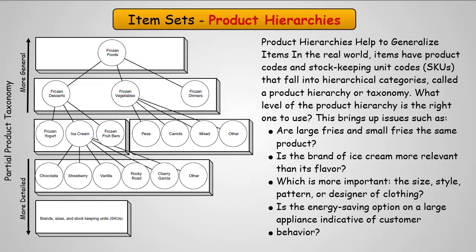Is an energy saving option on a large appliance indicative of customer behavior? These are all questions that have to be answered. So if I'm saying, I just want to know if you bought ice cream, I don't care what flavor of ice cream you bought, or I don't care if it's that you bought Blue Bunny ice cream or Kemp's ice cream. I just want to know that you bought ice cream. Or is it that you need to know who's buying Kemp's ice cream? These are choices and decisions you have to make.